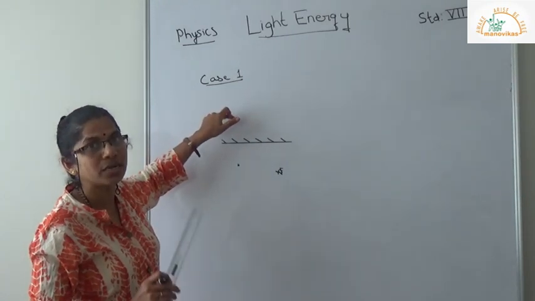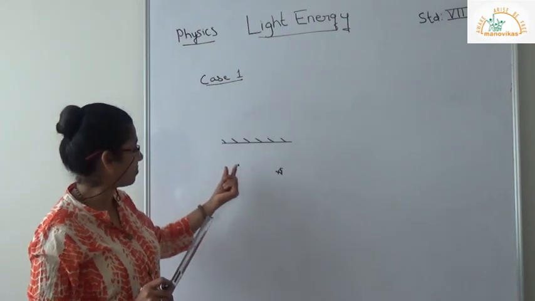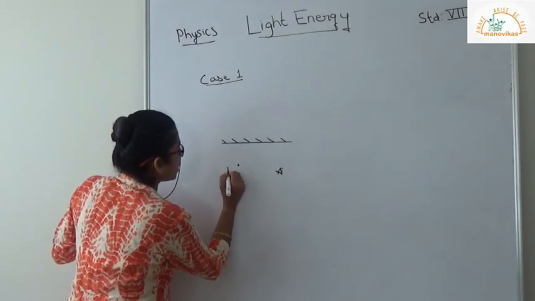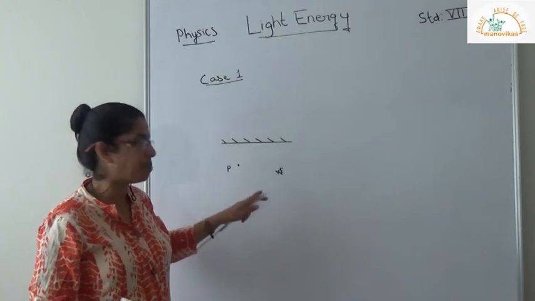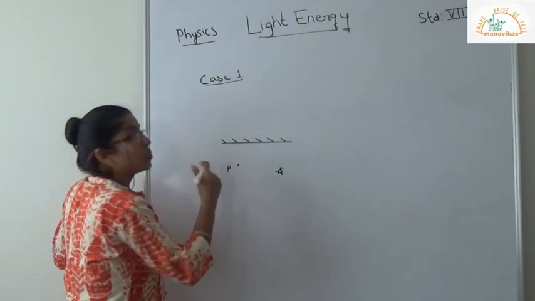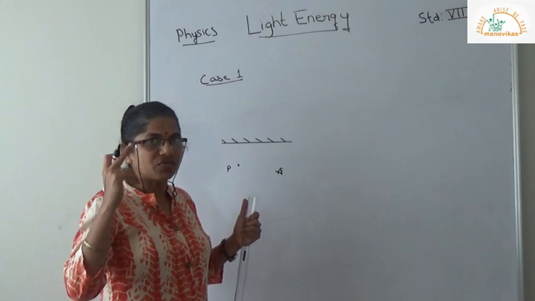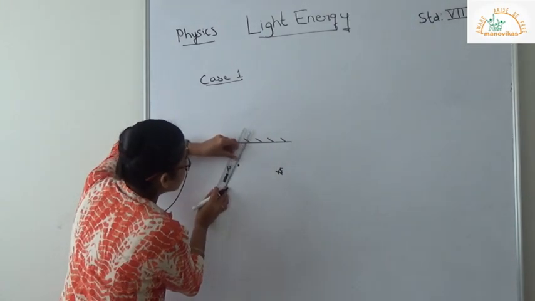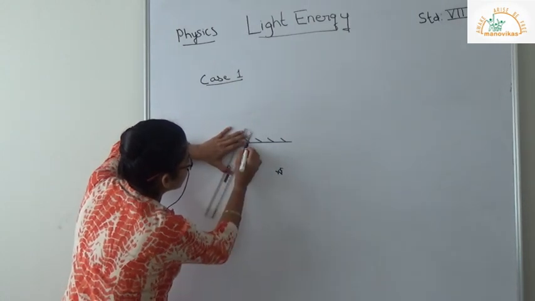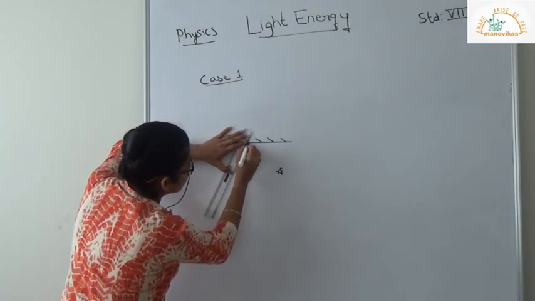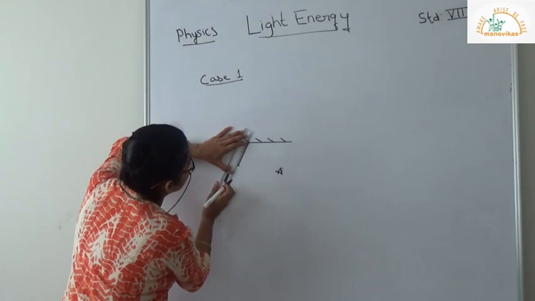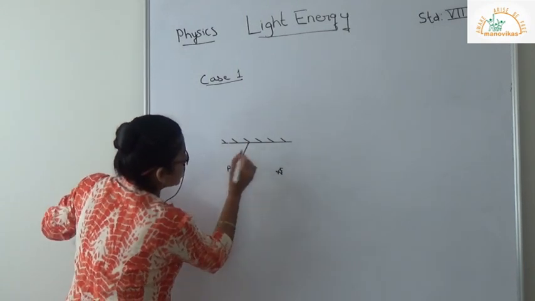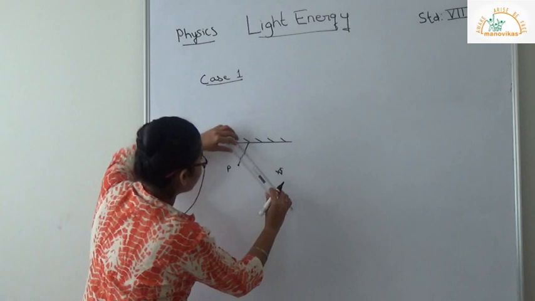So how do you locate the image in this case? If it is a point object P, using the first law of reflection, I am going to draw a line. That means rays are actually traveling in this direction.